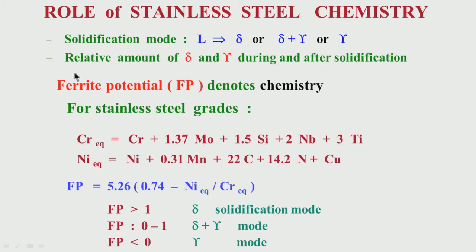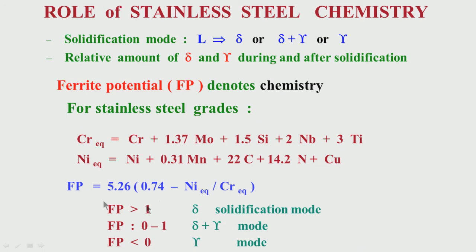So, for stainless steel, we find out chromium equivalent and nickel equivalent depending on the specific chemistry, and from this equation we know what the ferrite potential is. If the ferrite potential is more than 1, then it is totally delta solidification. That means when the ratio is less than 0.55, the term 0.74 minus 0.55 into 5.26 gives you the figure 1, so it is more than 1.